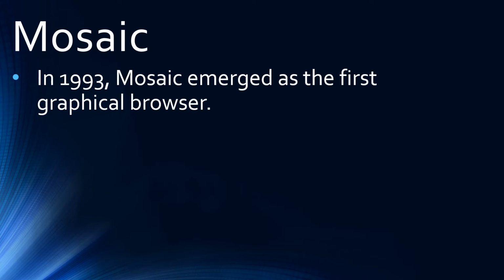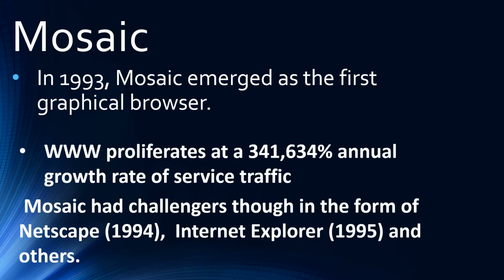However, in 1993, Mosaic emerged as the first graphical browser. And what that means is that it was the first browser to actually introduce the idea of images, and when that happened, there was a lot of debate among the research community as to whether or not this was a good thing.